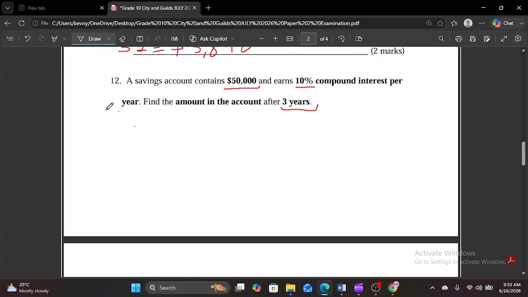A is equal to P times 1 plus R over 100, raised to the power of the time.